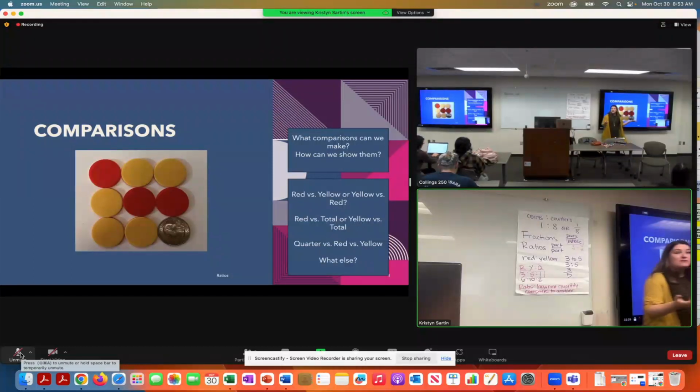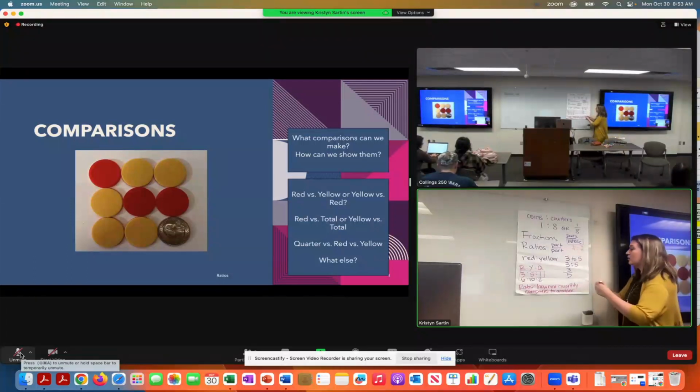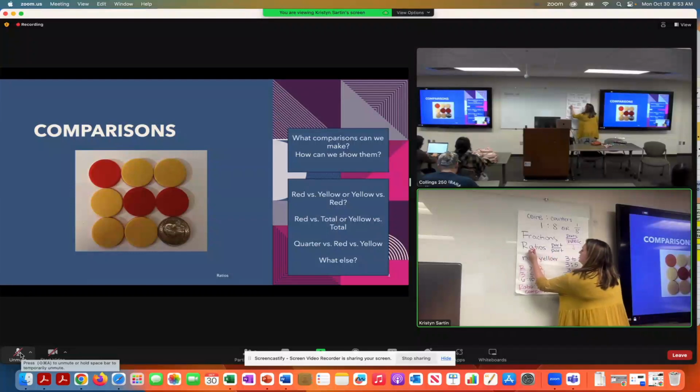Okay, so the big idea from this initial task is that ratios are more flexible than fractions, but they still compare quantities. So in what ways are they more flexible? They can compare part to part or part to whole. Or they can compare part to part to part.